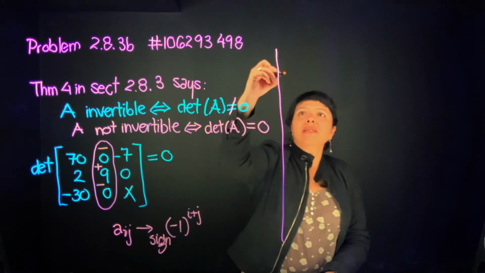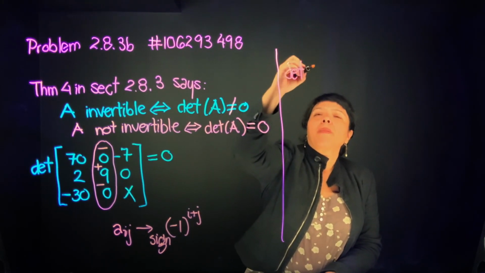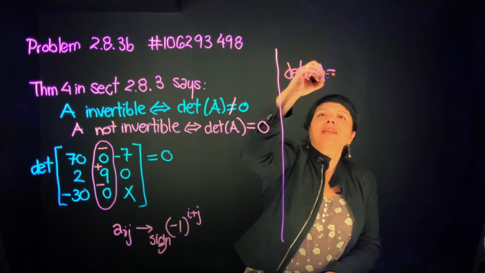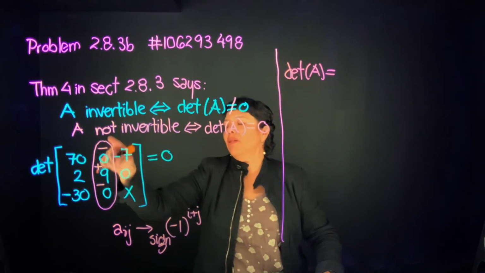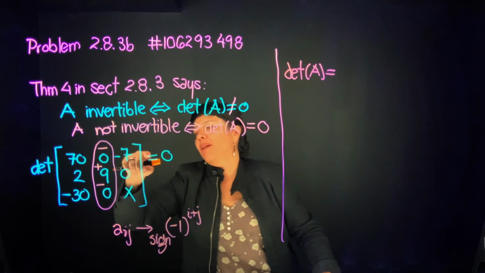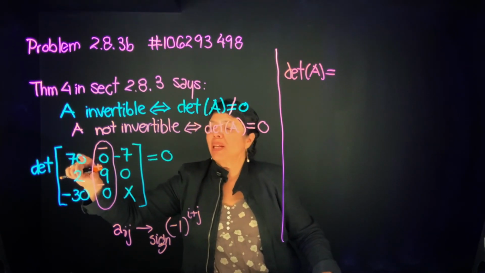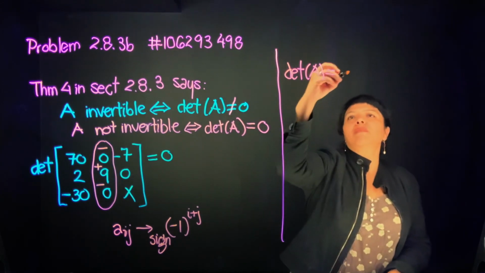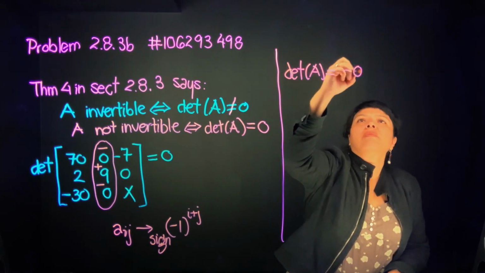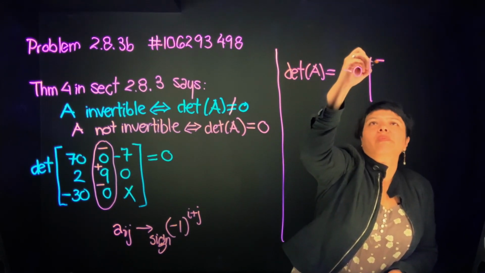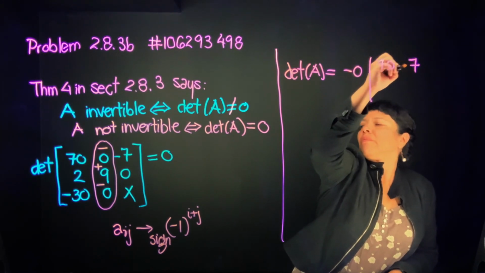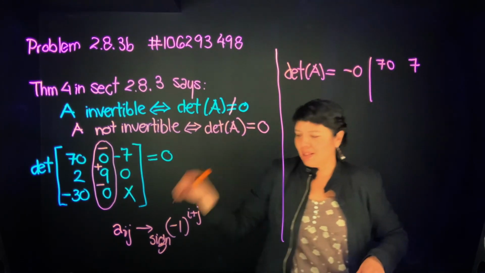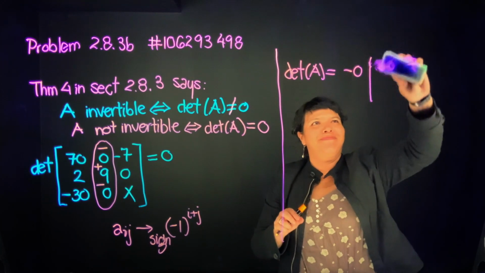So the determinant of A is going to be 0 times the submatrix that I get by removing this row and this column. So that's going to give me removing that.